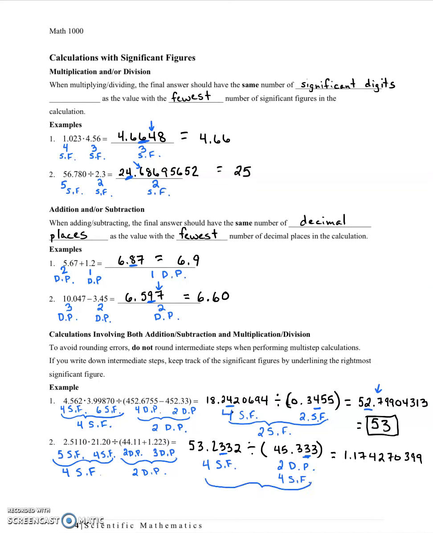And when we combine those 2, it means we have 4 significant figures. So our answer should have 4. 1, 2, 3. That's where the 4 is. 2 rounds down, so 1.174 is our final answer to the correct number of significant figures.